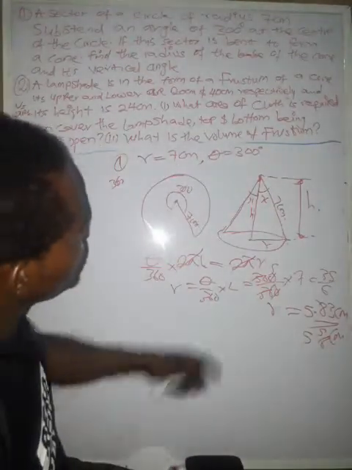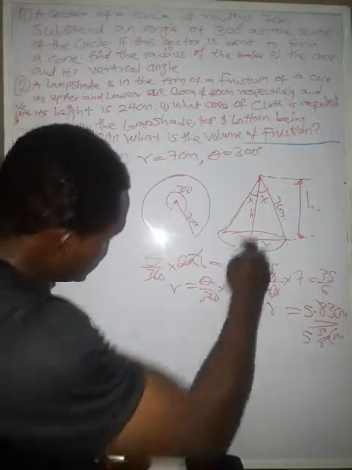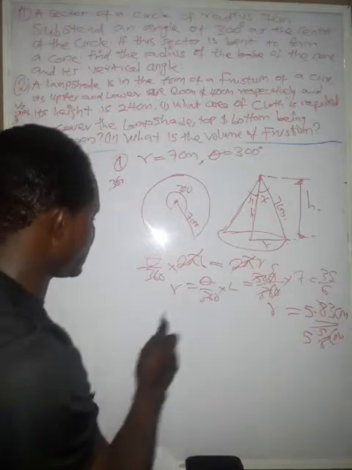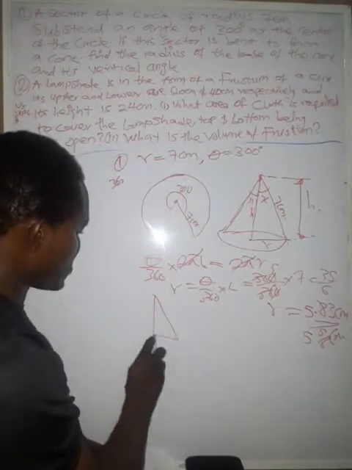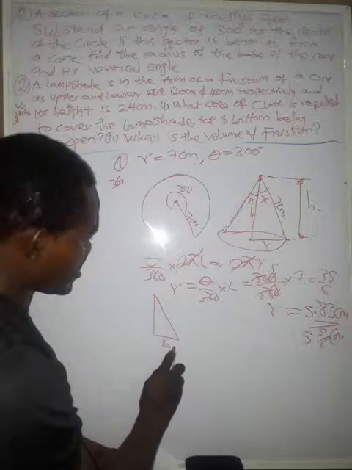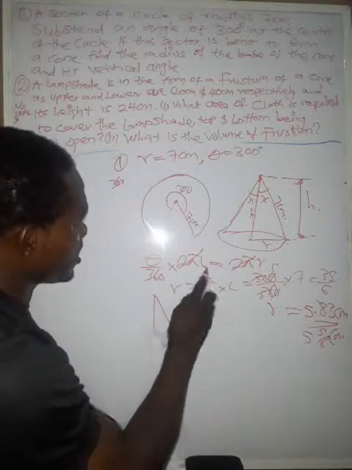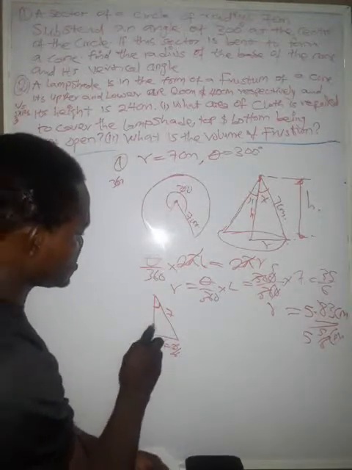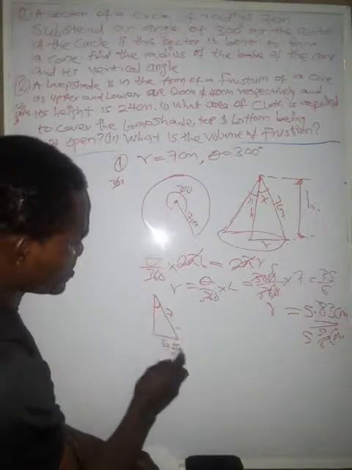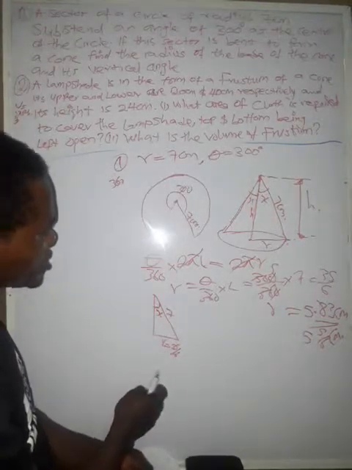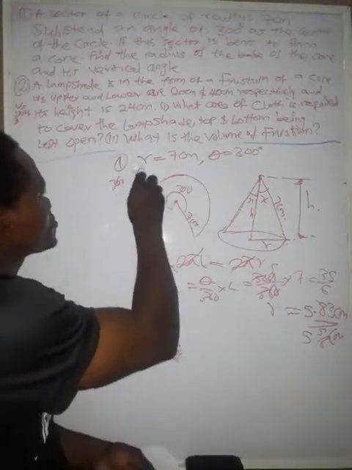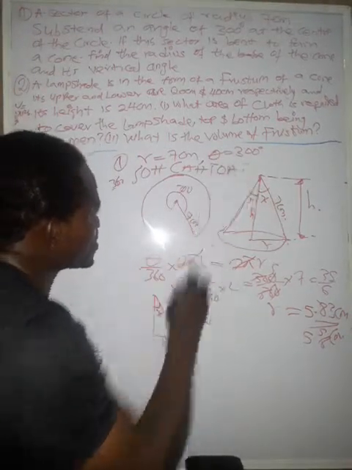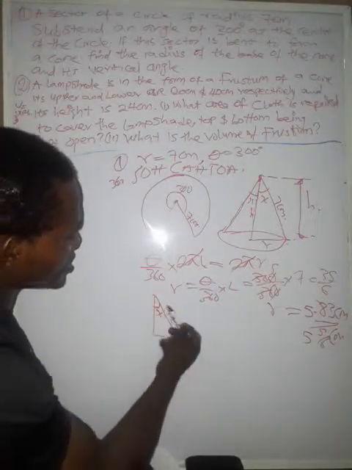Now I need to calculate the angle. I already know this one has formed a right angle triangle from this shape. I can bring it out as this. I know this place as 35 over 6, and I know this place as 7. Then I need to calculate this place, which is x. From SOHCAHTOA, I can use opposite over hypotenuse.